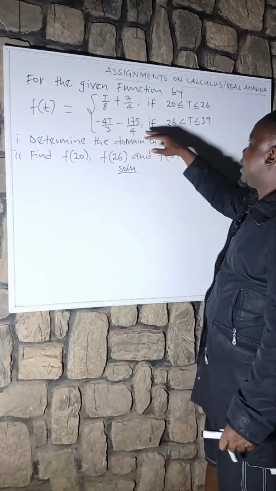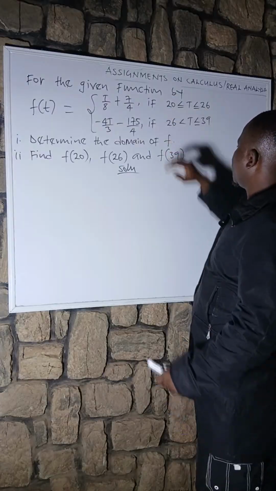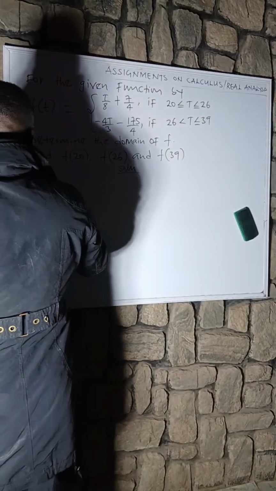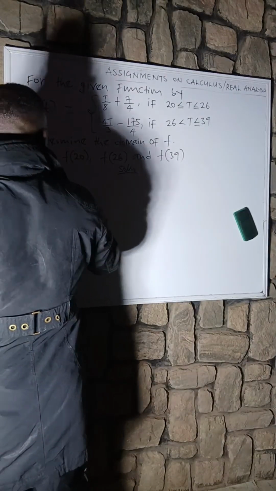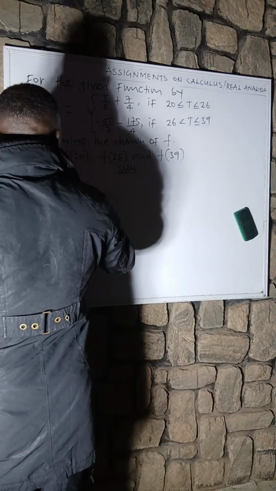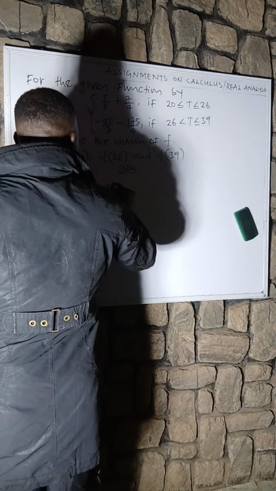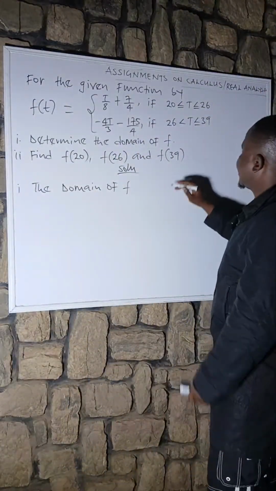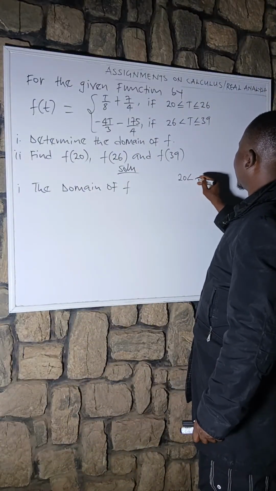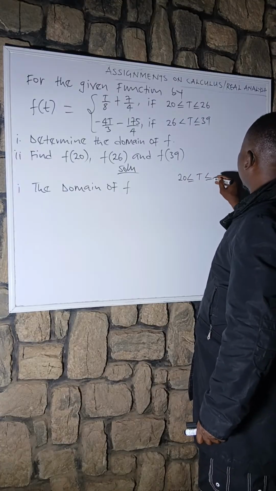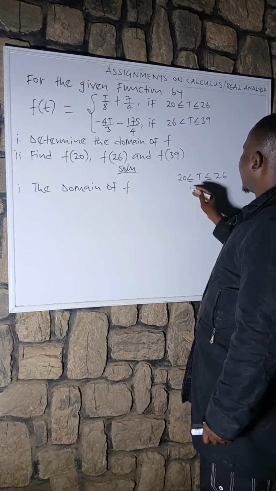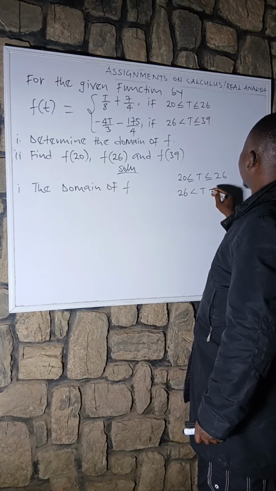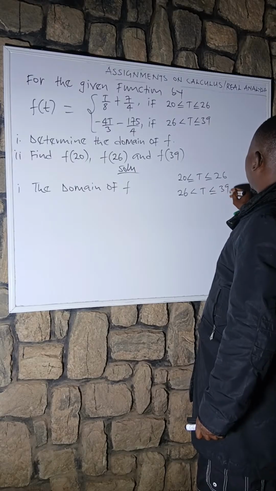If you want to consider the domain, you can see that in the domain we have 20 less than or equal to t less than or equal to 26, then 26 less than t less than or equal to 39.